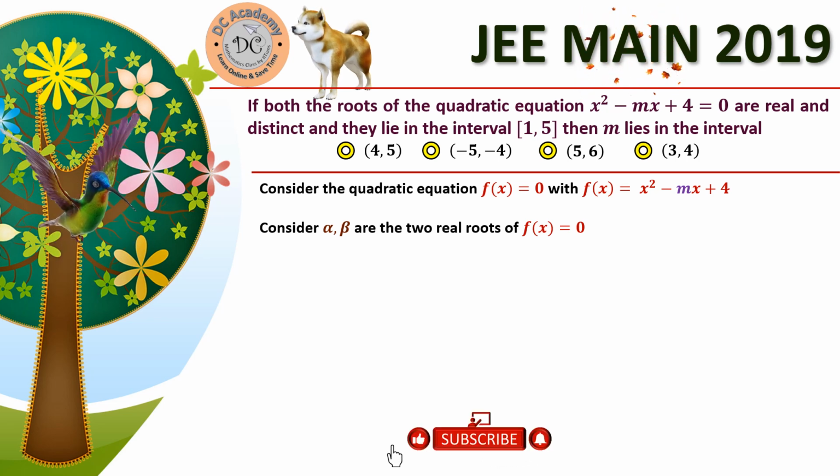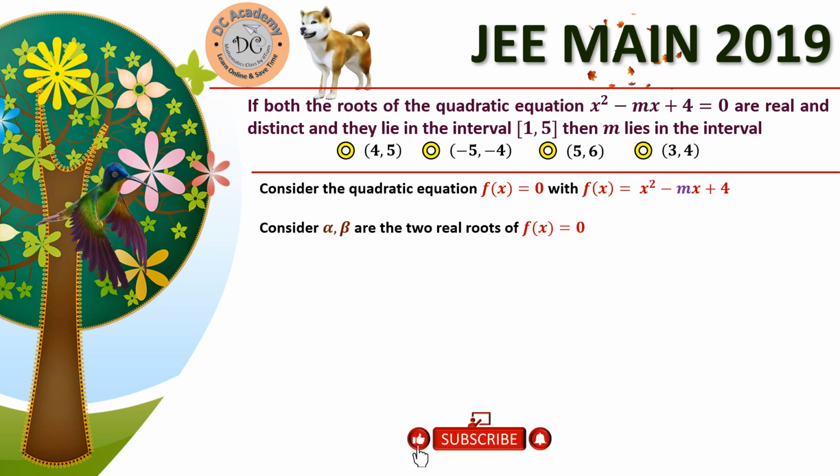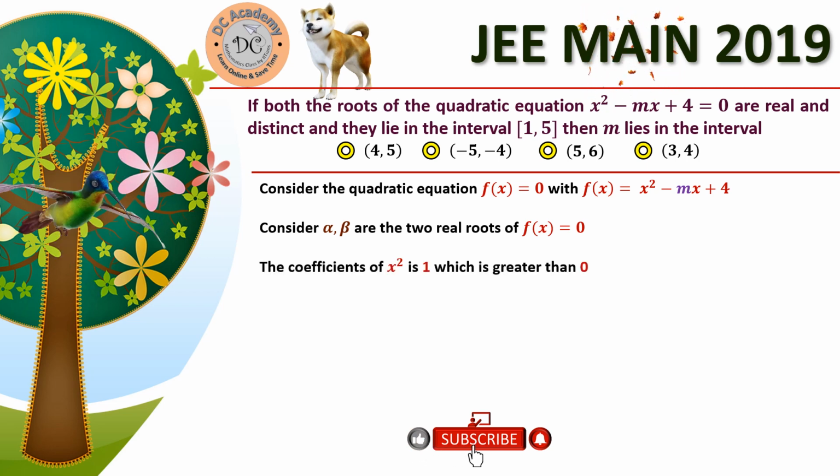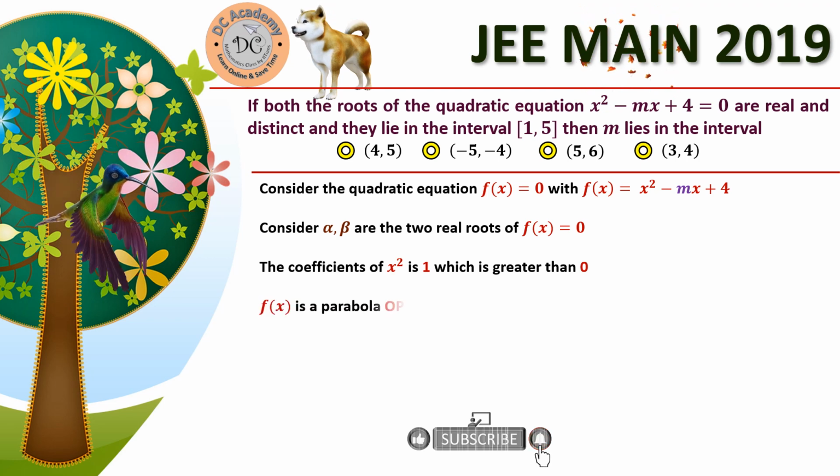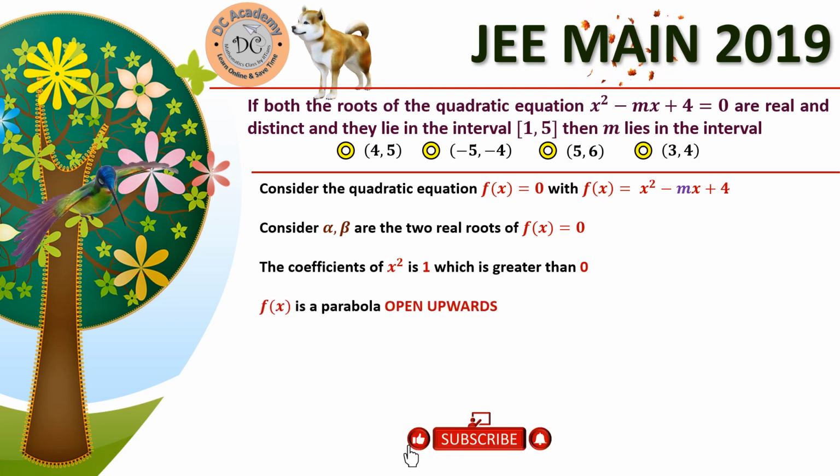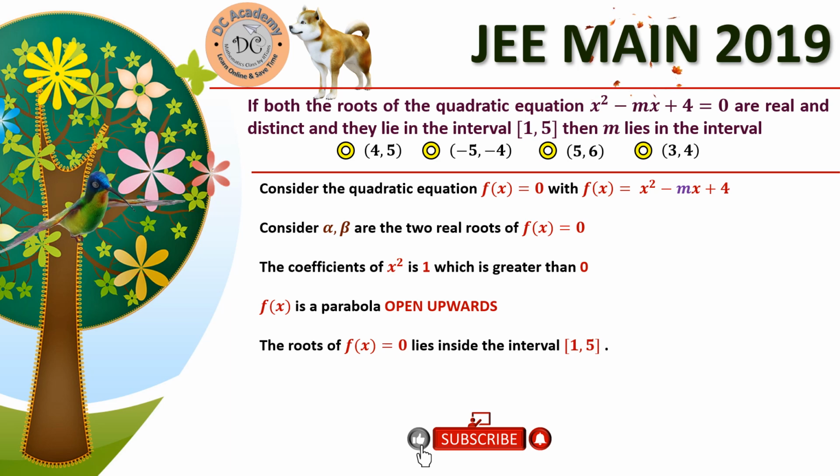Also notice that the coefficient of x squared is 1, which is greater than 0. So it represents a parabola open upwards. The roots lie inside 1 and 5, so that's the second information.